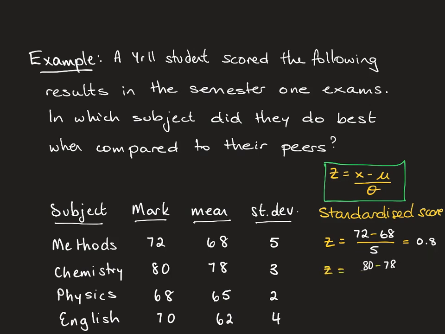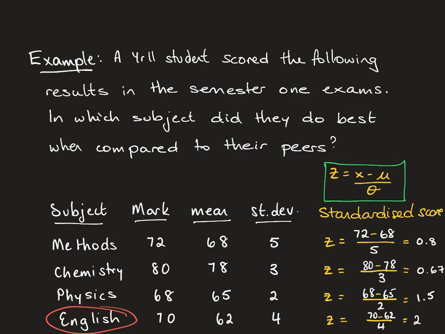If we do the same with chemistry, we get 0.67, so not quite as good. For physics, 1.5, definitely their best so far. And when we do the English score, the Z score is 2, so the best performance against all of the other students is actually in English.